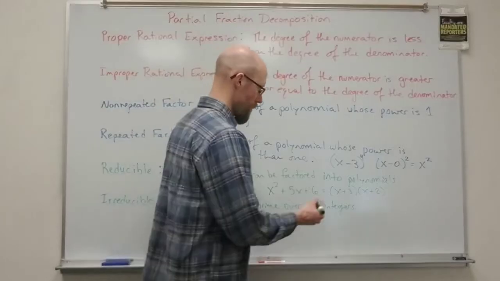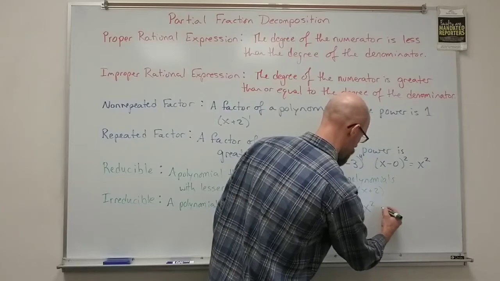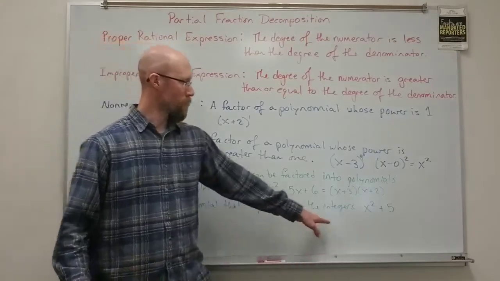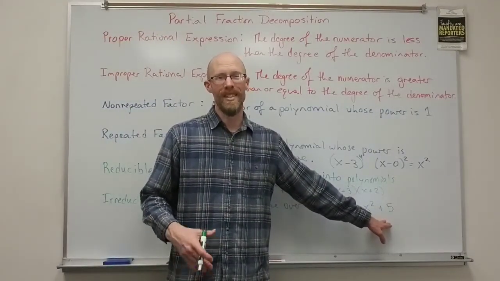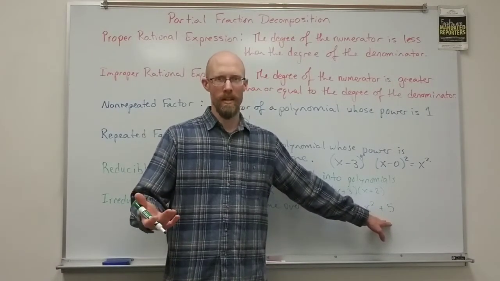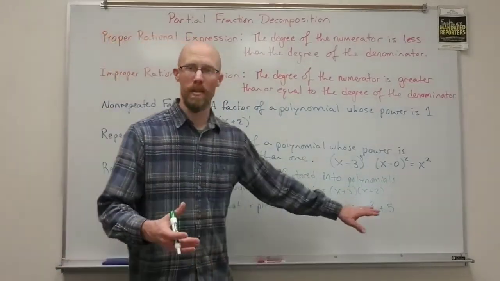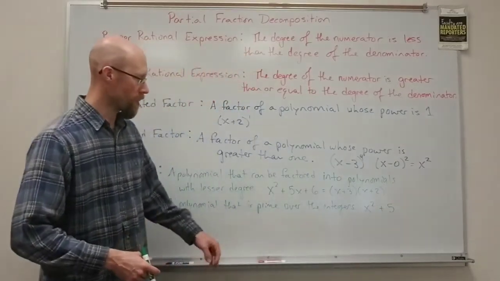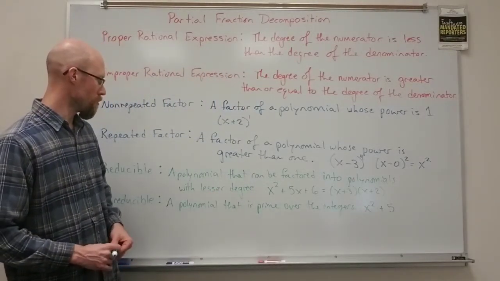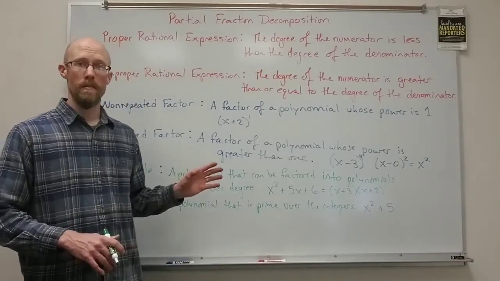An example might be x² + 5. Now, x² + 5 doesn't factor. Technically it does if you allow complex numbers, plus or minus i root 5. But we're not going to use complex numbers or irrational numbers. We want to keep these nice, so we're going to keep them to integers. So this would be an example of an irreducible polynomial.